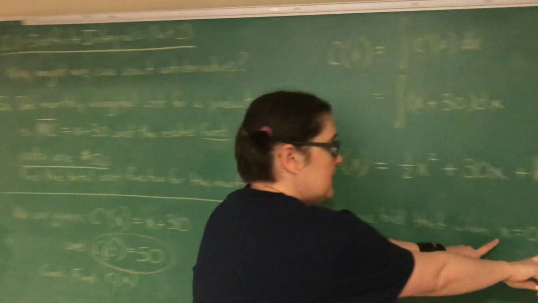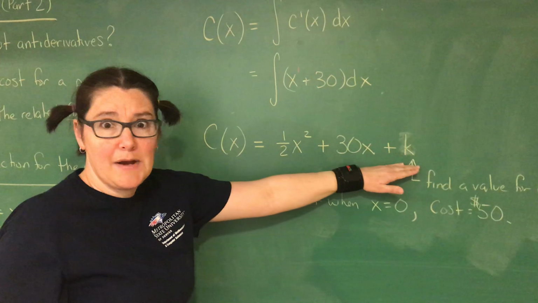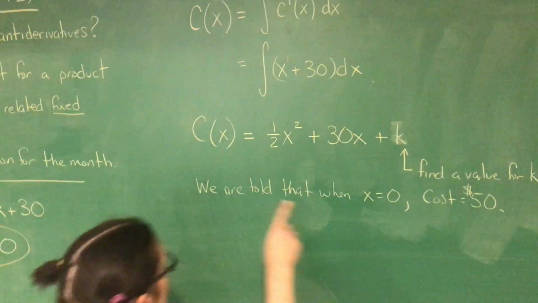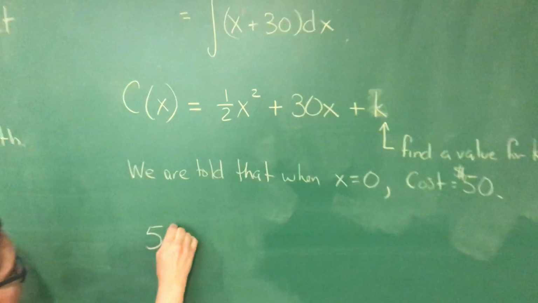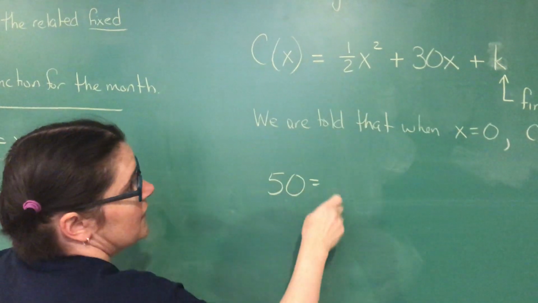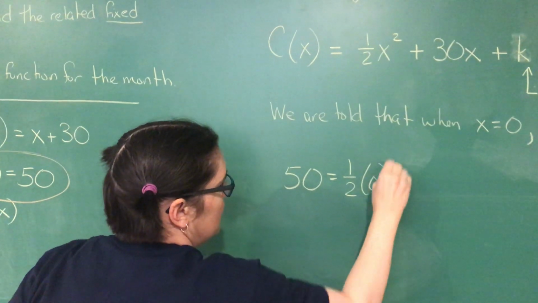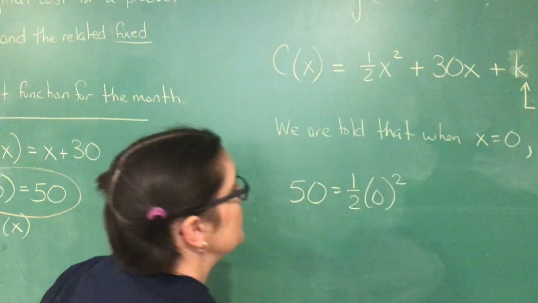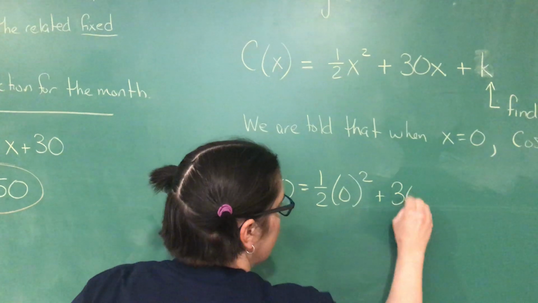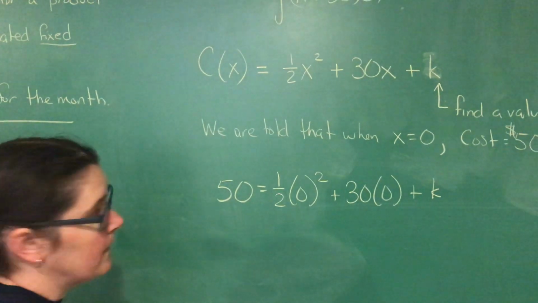So I can use this information in my almost finished formula and see what happens. So our costs are $50, and here's a formula for cost. And if we plug 0 into that formula, we have 1/2 times 0 squared plus 30 times 0 plus k.